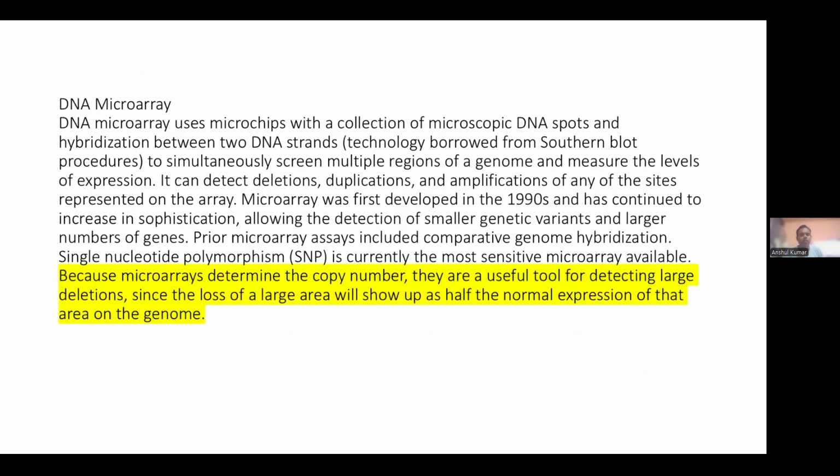Now DNA microarray uses microchips with a collection of microscopic DNA spots and hybridization of two DNA strands, a technology borrowed from Southern blot procedures to simultaneously screen multiple regions of the genome and measure the levels of expression. So we can say that it is an amalgamation of different technologies, brought together on one platform.